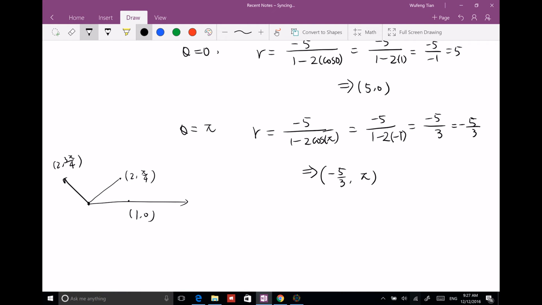You can tell me, r is always what? r is always positive, with an angle. So now I have r which is negative and an angle. So what am I going to do here? I have a question here. Can anyone tell me what you think I need to do here?